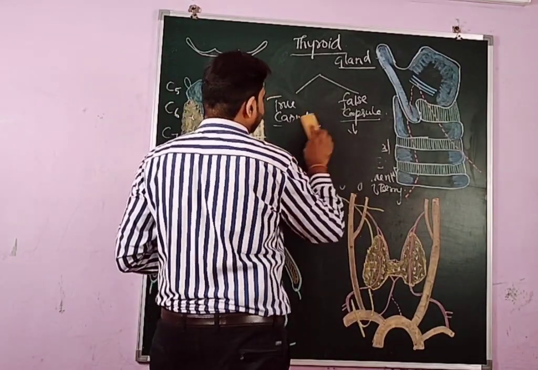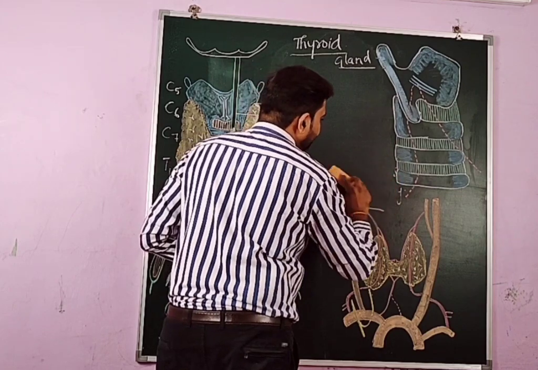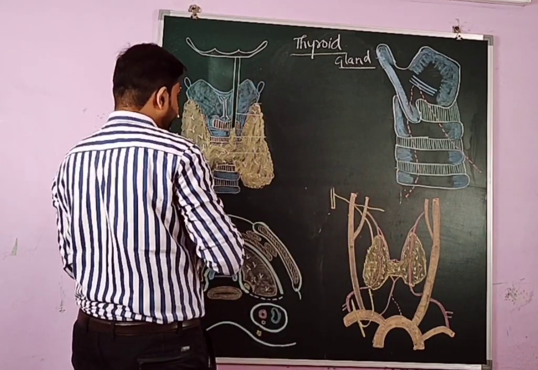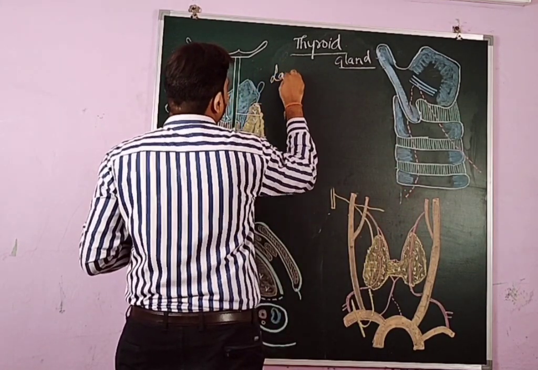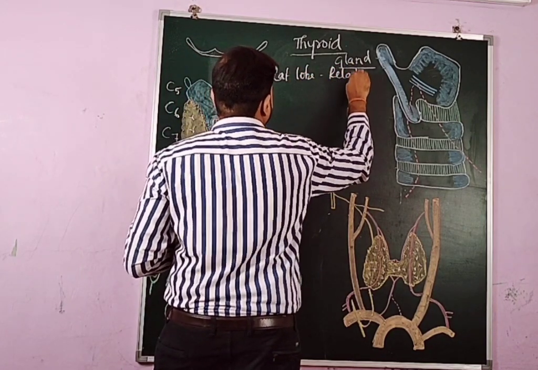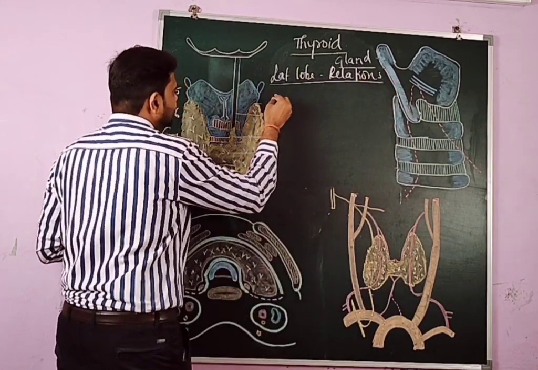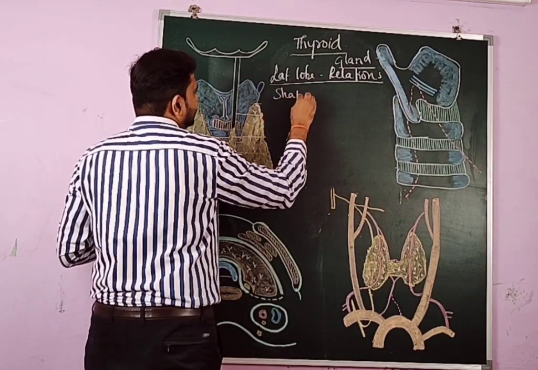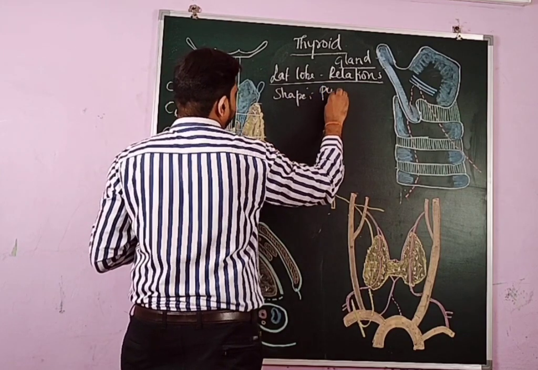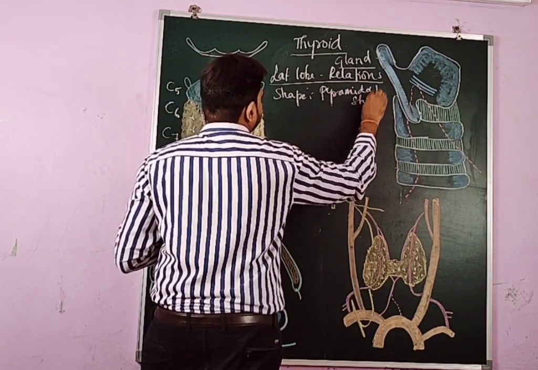Next we will go for the relations of the lateral lobe. If you see the lateral lobe, the shape is pyramidal.